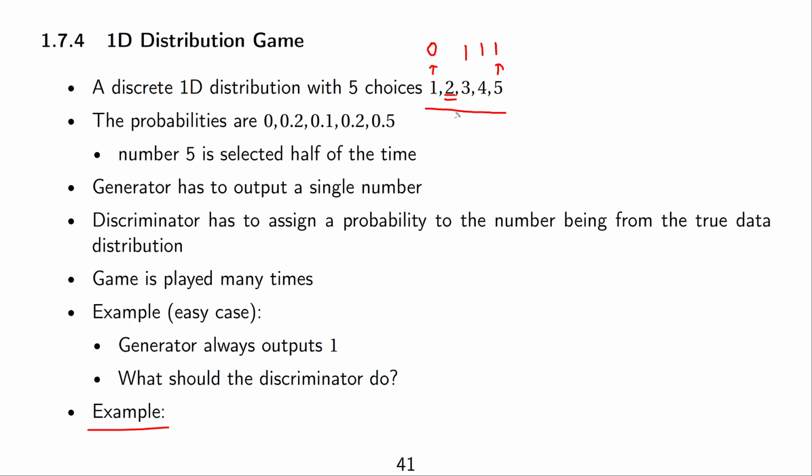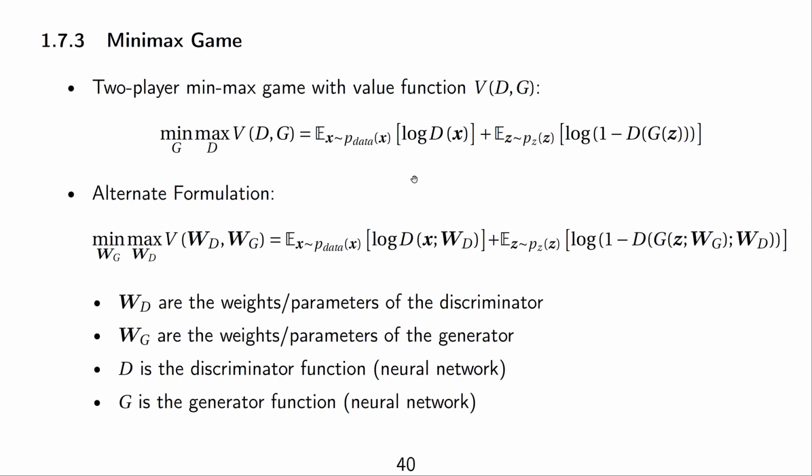Let's just think about the following. The discriminator always outputs 2. So let's start by trying to assign the probability 0 to the 2. The problem with assigning a 0 to the 2 will be shown in the loss function as discussed before. There's this term log D(x) for data generated from the real distribution.